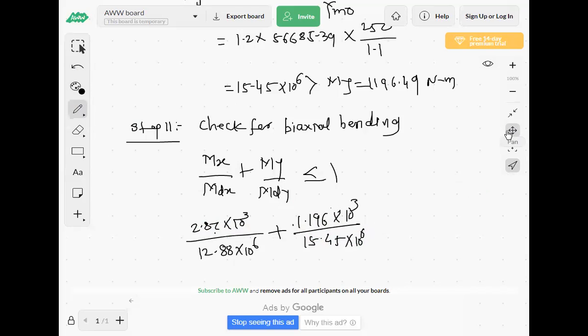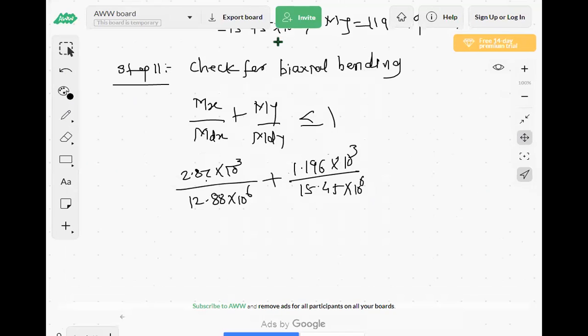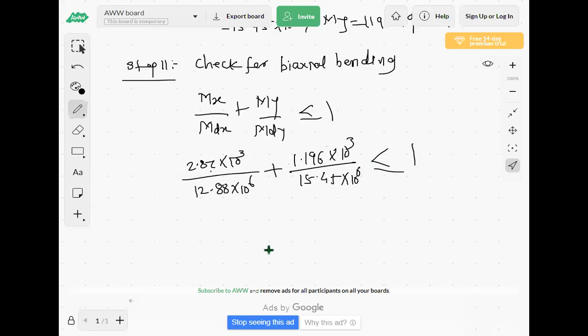So how much this value? It should be less than 1, less than or equal to 1.